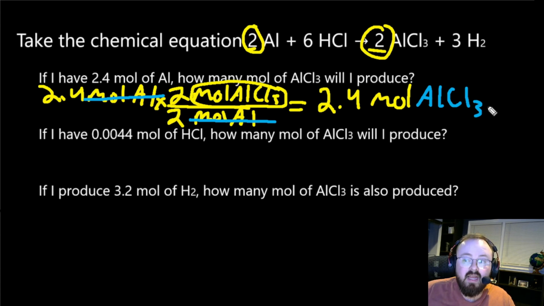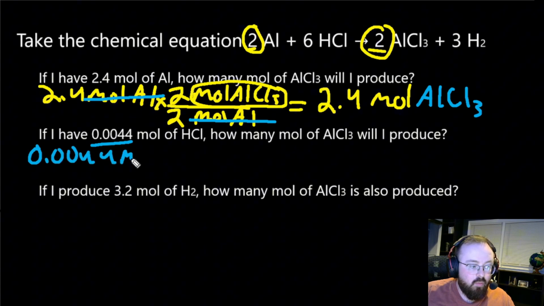If we take our second question here, if I have 0.044 moles of HCl, how many moles of AlCl3 will I produce? Again, we're starting with 0.044 moles of HCl. And that is our starting unit. It's not just moles, it's moles of HCl.